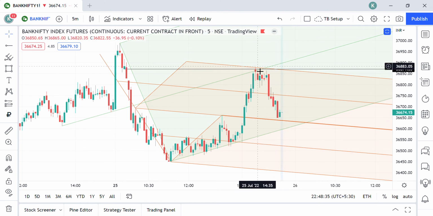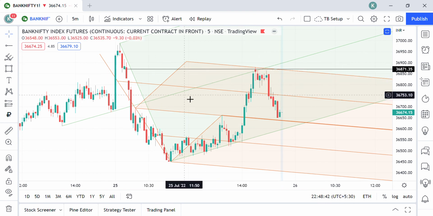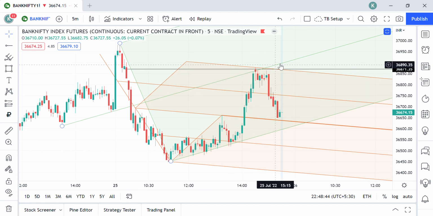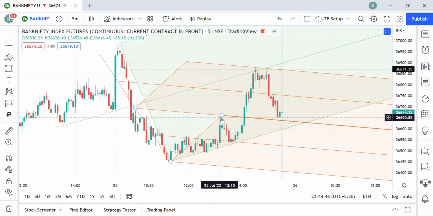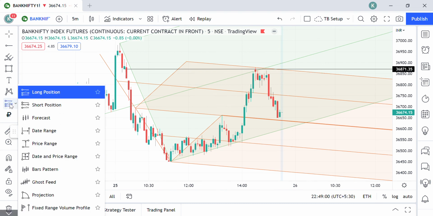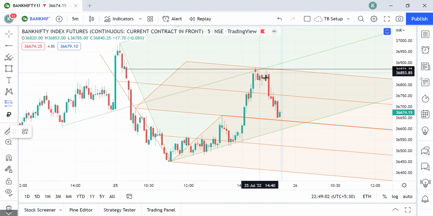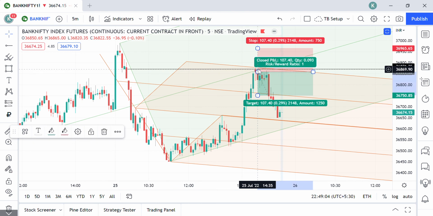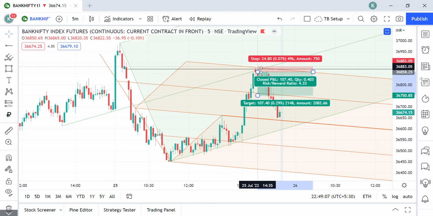So the inward frequency of this supply zone, a fractal bar, the inward midline of this major frequency, and a Newtonian extrapolation of this modified pitchfork: all these points are indicating that price is going to reverse here. So again we can enter a short trade with a 1:3 risk reward ratio.